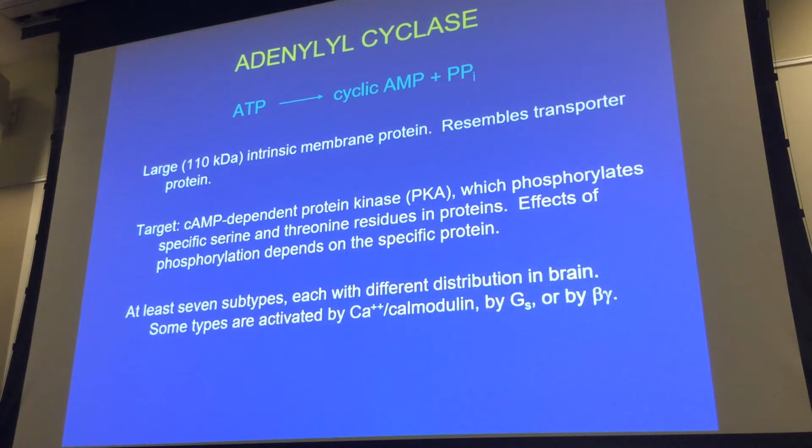But you also have G protein dependent cyclases. Some of them are stimulated by GS alpha, and some of them are stimulated by beta gamma. And each of them has different distributions and slightly different kinetics and so forth. So we don't know exactly why one cell will have one type versus another, but certainly it's a complex effector system.